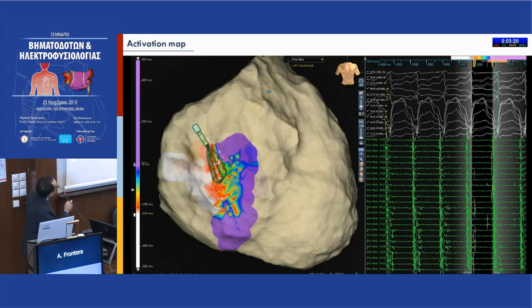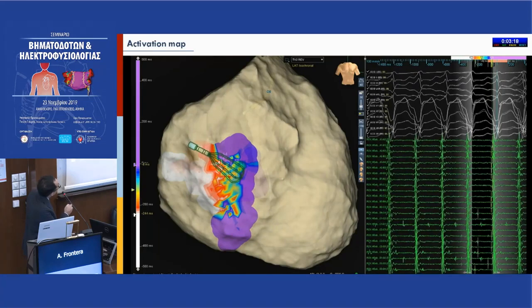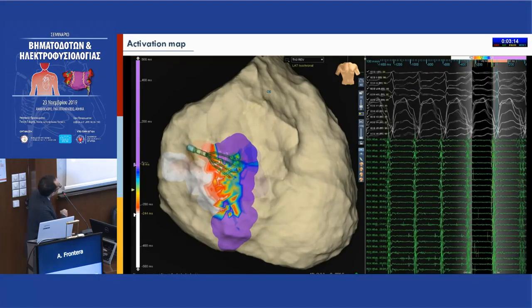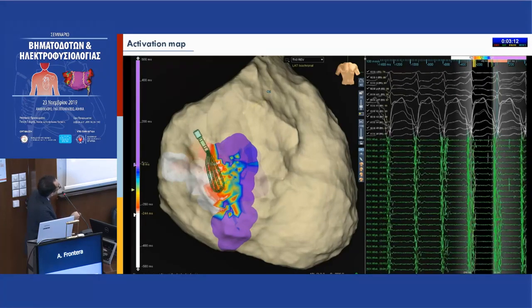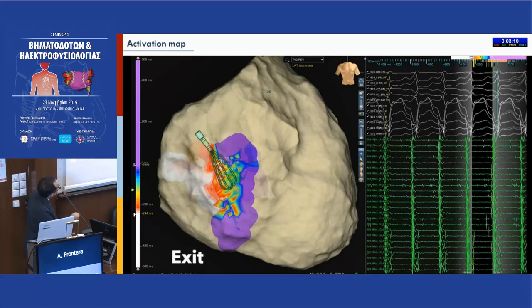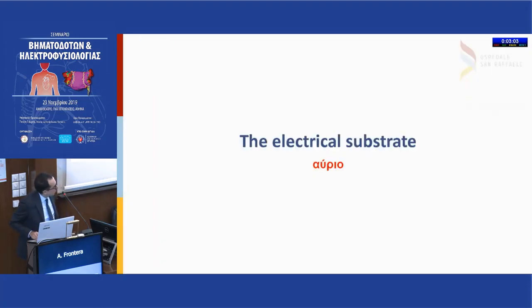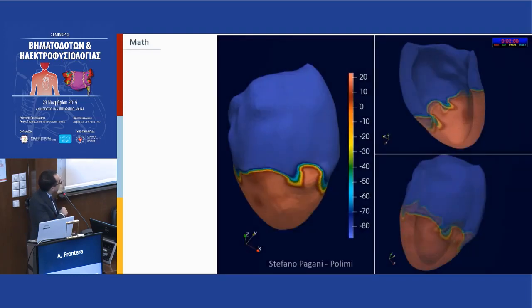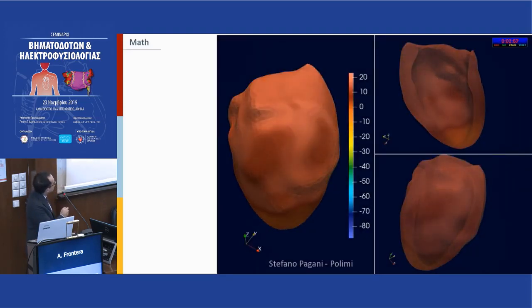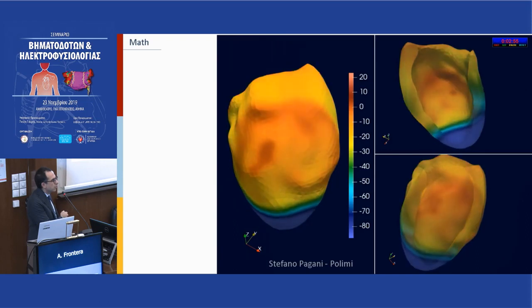So here is where we found the late potential, and the VT circuit was a little down. So this is the isthmus. You see tiny mesodiastolic potential, and here indeed we are at the exit site. So there is a mismatch. You can tell exactly from where we recorded the two late potentials.